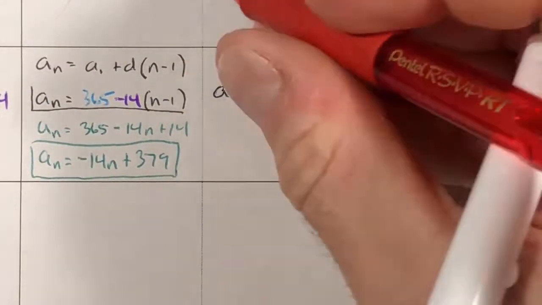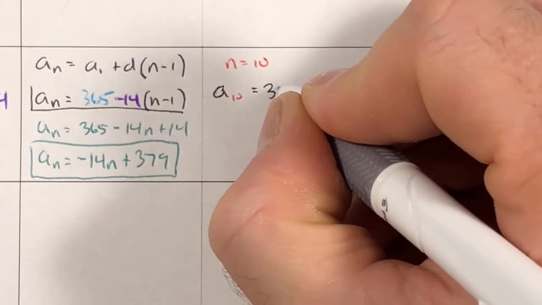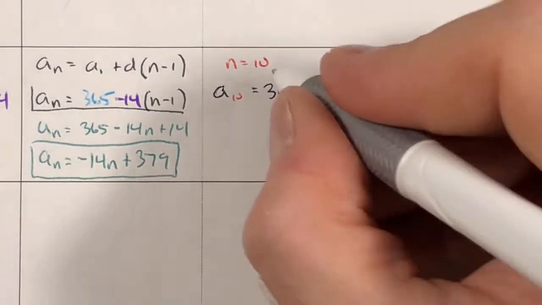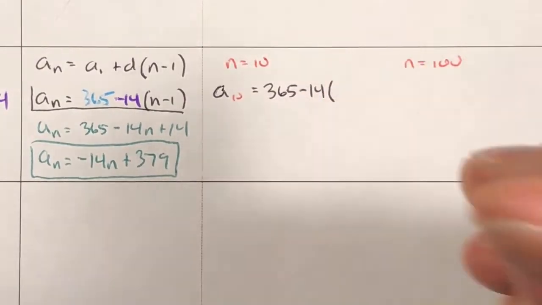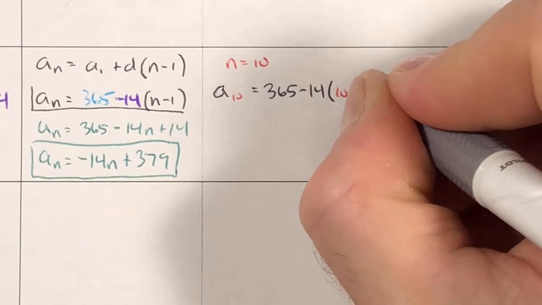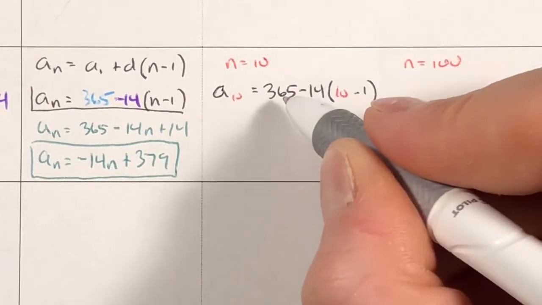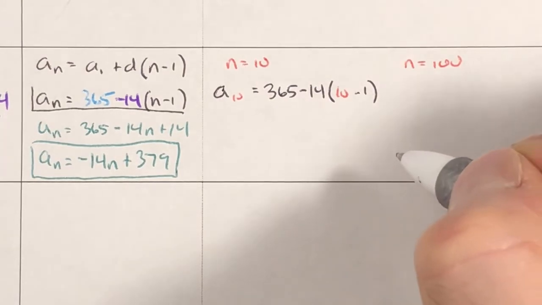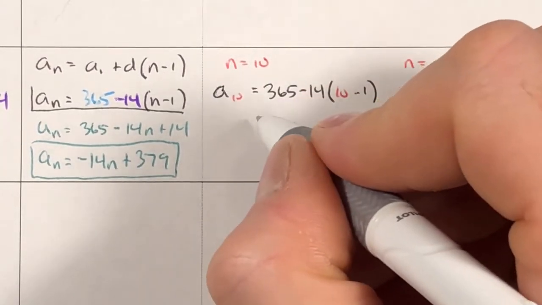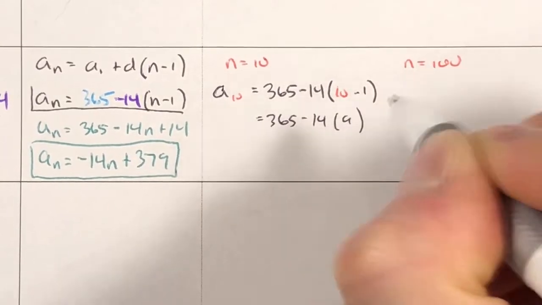So I'm going to say my 10th number is going to start out with 365, and I am going to subtract 14, 10 minus 1 times. Or I'm going to subtract 14 9 additional times to go from the first term to the 10th term. So let's see what that looks like. 365 minus 14 times 9.